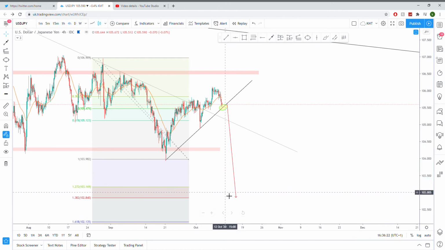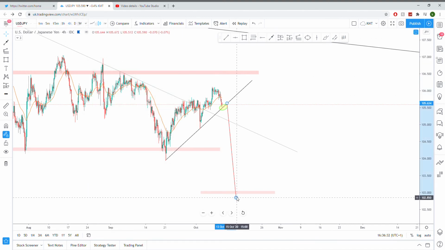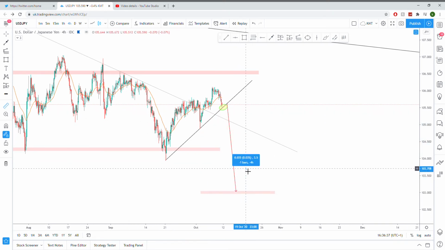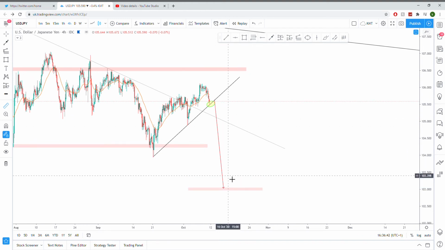So roughly, if we say around 103, that would be a good enough target to take. So if we could get into around the 103 level, as a possible downside move from here to where price is right now, that's 250 pips again to the downside. So we do have that as a good reward or a good prospect to look out for.